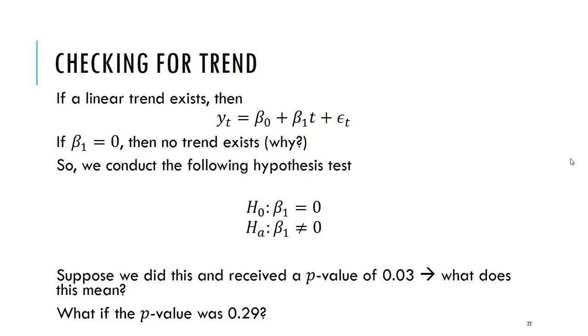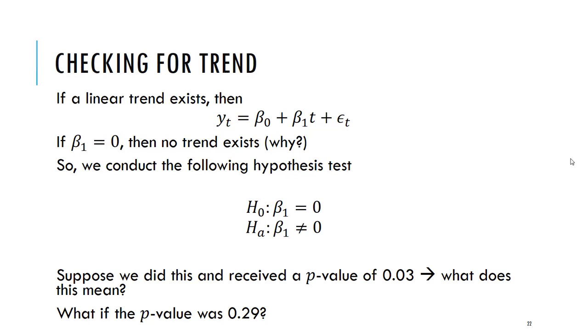So if beta sub 1 is equal to 0, then no trend exists. Why is that? Well, if beta sub 1 is 0, then that middle term, beta sub 1 times t, drops out, and so the increase or decrease, depending on the sign of beta sub 1, no longer exists. So it drops out and we're back down to our original model for stationary, beta sub 0 plus epsilon sub t.